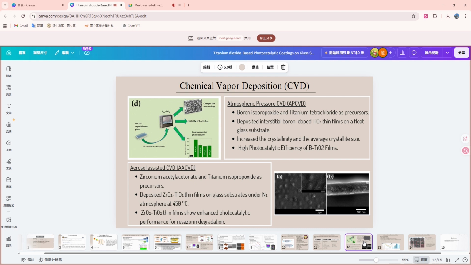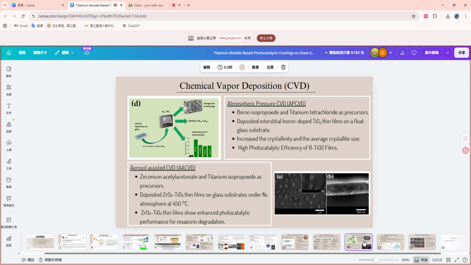Boron-doped interstitial TiO2 on a glass substrate, starting from boron as the dopant source and titanium tetrachloride as precursor. The interstitial doping of boron causes a change in the morphology of the TiO2 and significantly increases the carrier and the average particle lifetime.